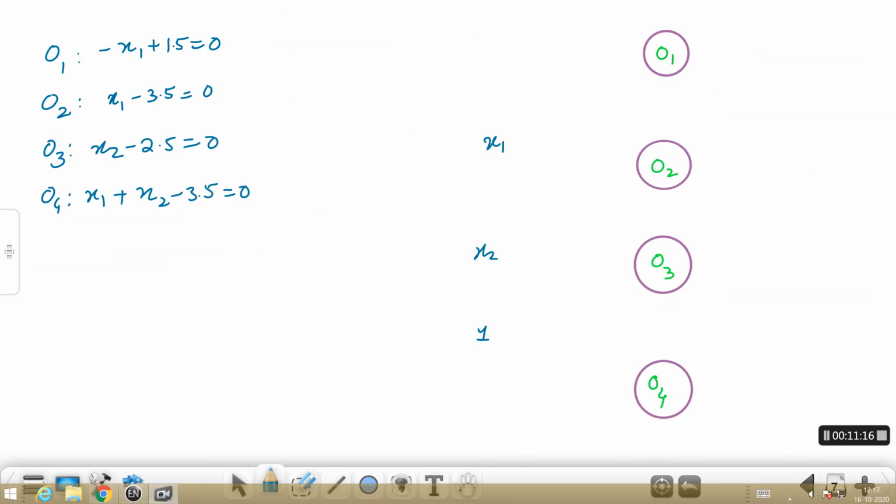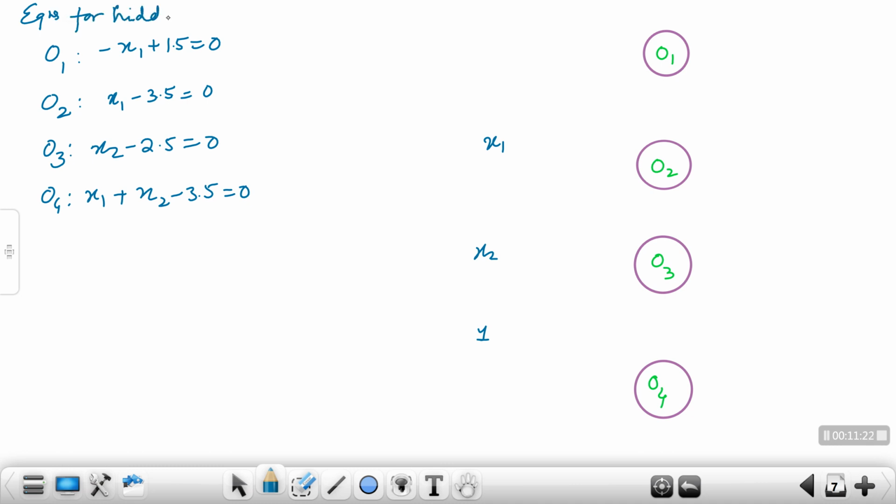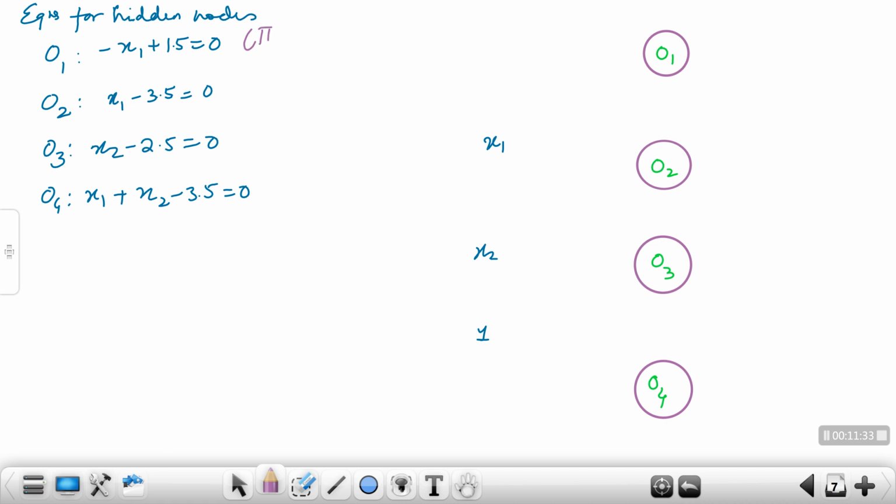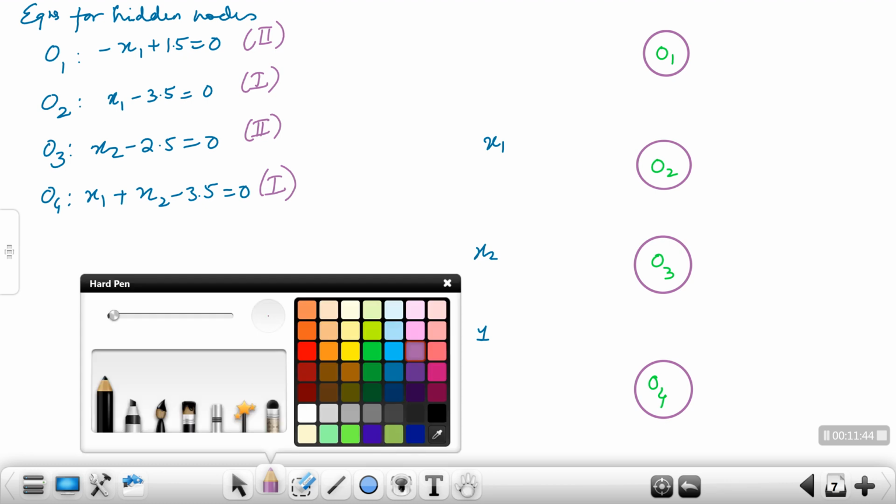So these are the equations which we have got for the hidden nodes, and based upon that we already know that the first line classified patterns from class 2, second line classified patterns from class 1, third line classified patterns from class 2, and fourth line classified the patterns from class 1. So depending upon this, we can just draw the network.